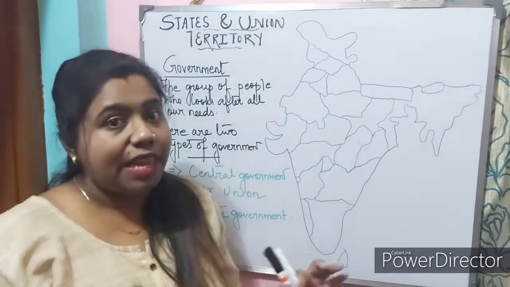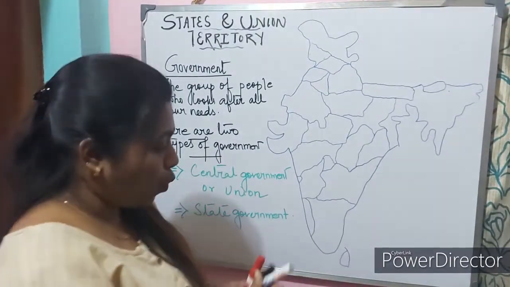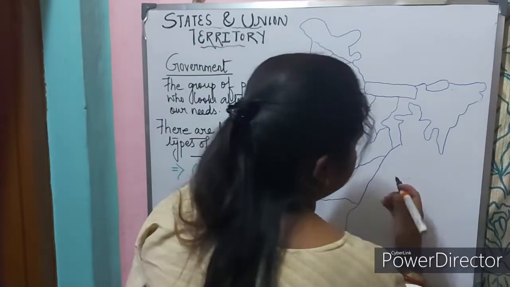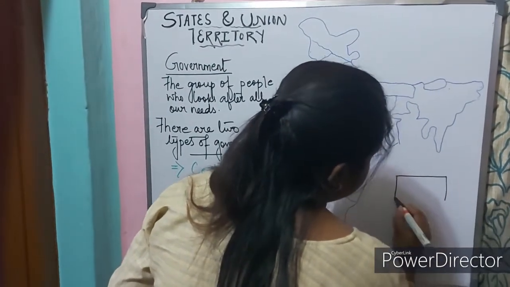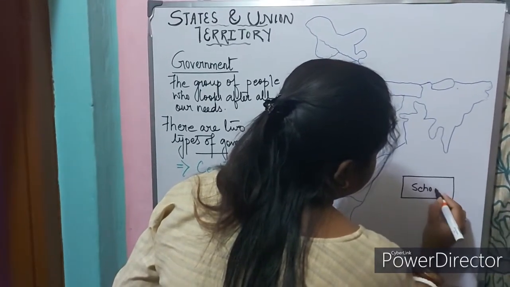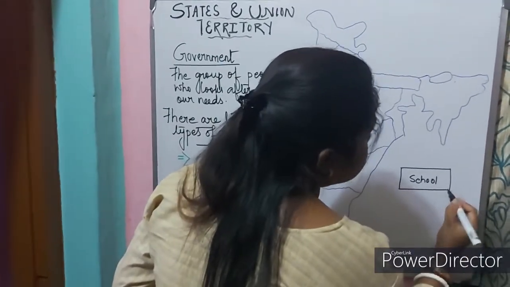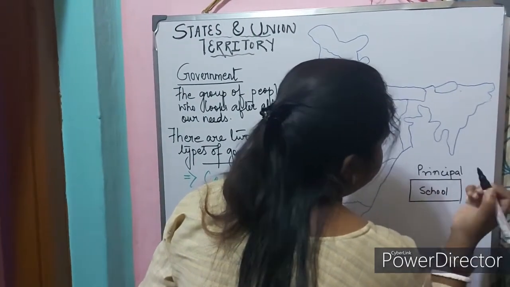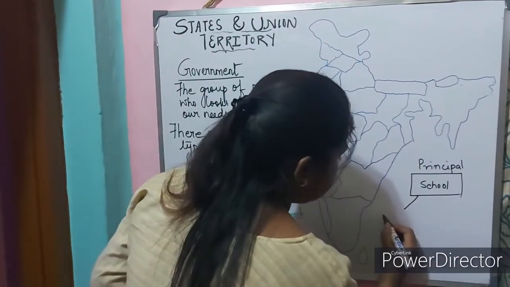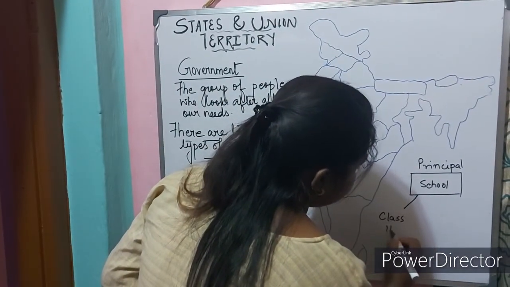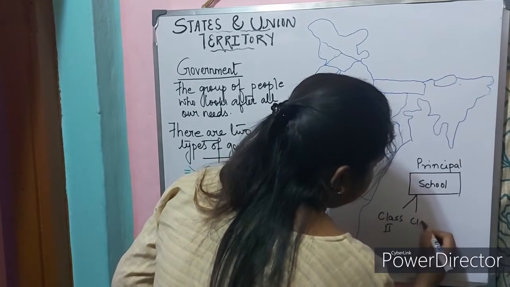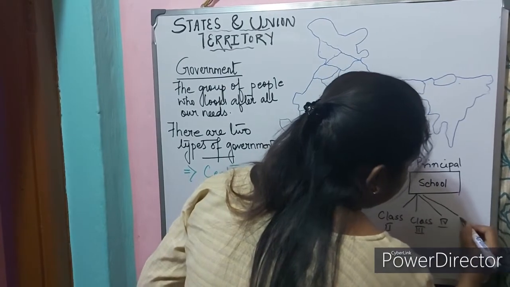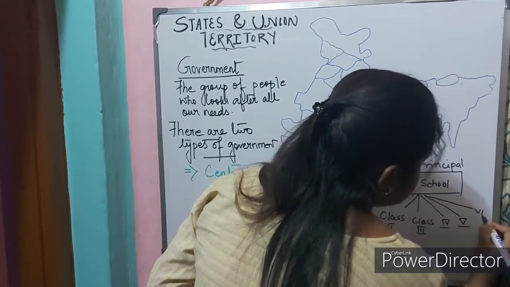Let us understand with an example. Suppose this is your school. This school is looked after by the principal. There are many classes, class 2, 3, 4, 5, 6, like this.